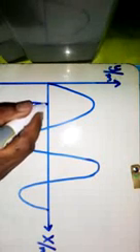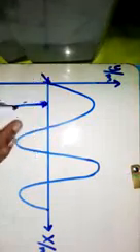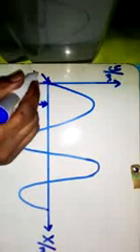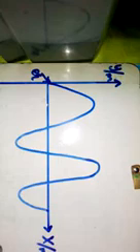Now look at this one. This point which is 0 is what we call equilibrium position. This line represents equilibrium position.